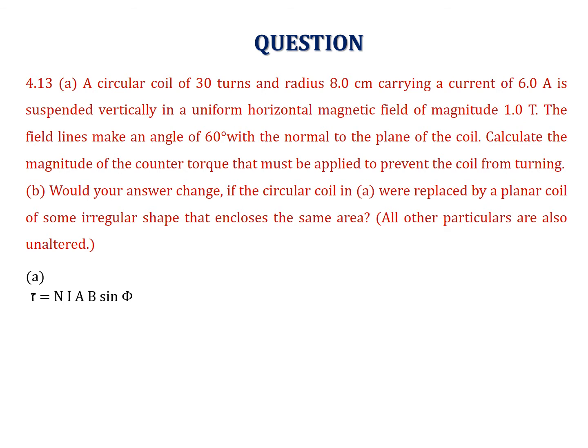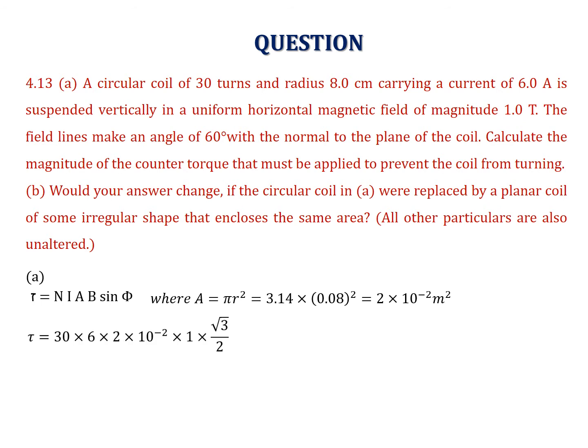Now N, I, B and phi are given. We can find out the area using the formula pi r square and substitute the values in the formula. Torque is NIAB sin phi and the result is torque is 3.1 Newton meter.